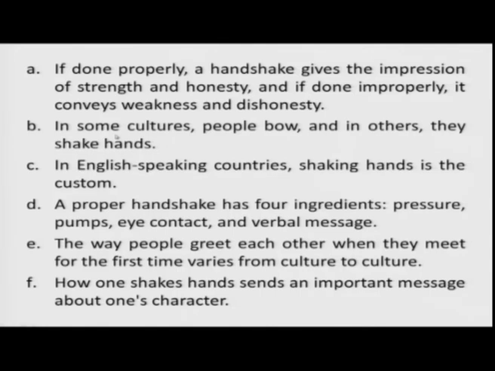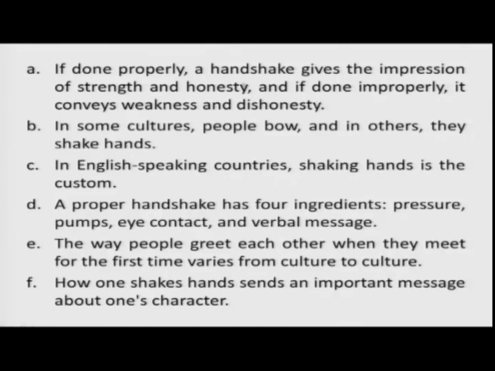Now you have something about character here: strength and honesty, weakness, dishonesty. Then there is another sentence which talks about this. So, the next sentence would be this: how one shakes hands sends an important message about one's character. Then how does it send a message? If done properly, a handshake gives the impression of strength and honesty, and if done improperly, it conveys weakness and dishonesty.